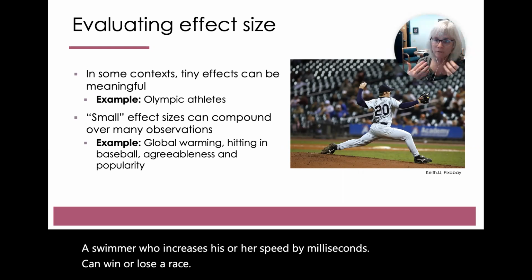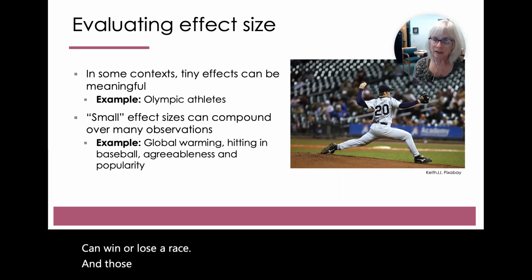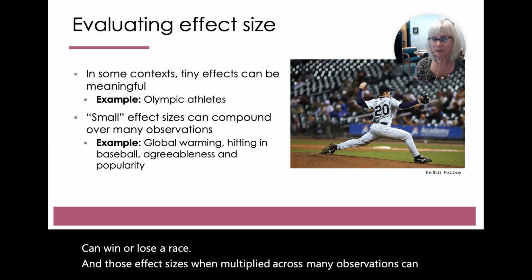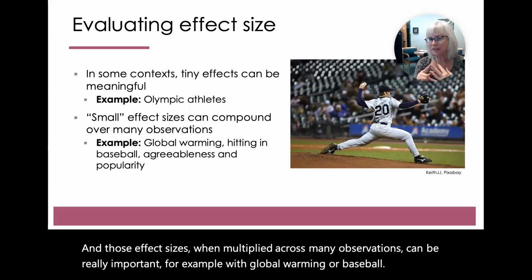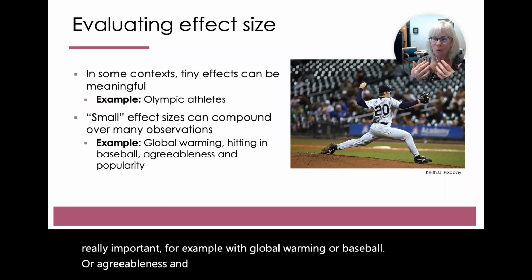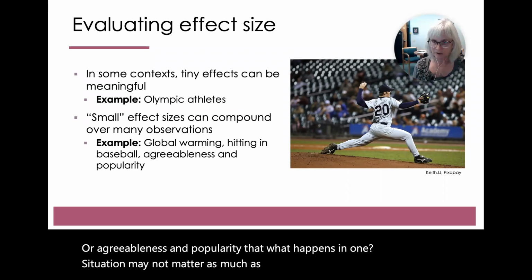And those effect sizes, when multiplied across many observations, can be really important. For example, with global warming or baseball, or agreeableness and popularity, what happens in one situation may not matter as much as across situations.